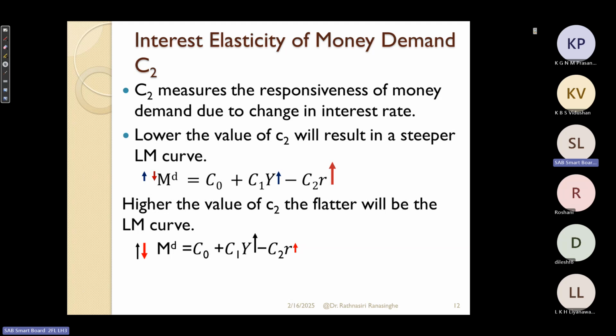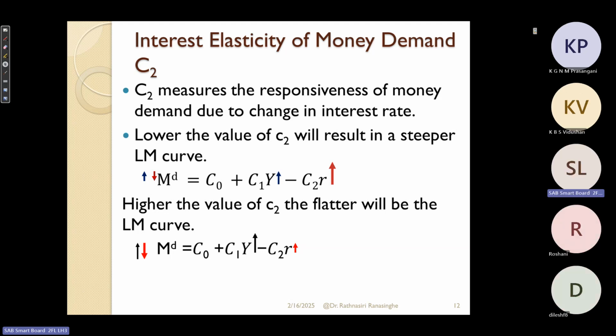So those are the two factors that determine the slope of the LM curve: C1 and C2. The LM curve is mainly influenced by the money demand, not the money supply. In the money demand function, we can identify two factors, C1 and C2, that determine the slope of the LM.